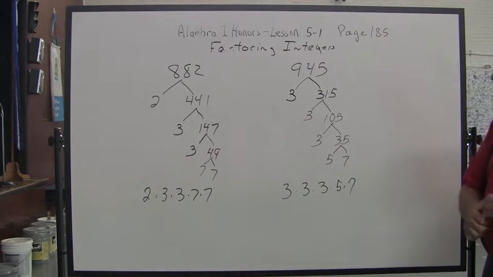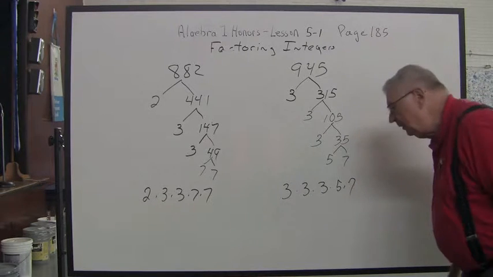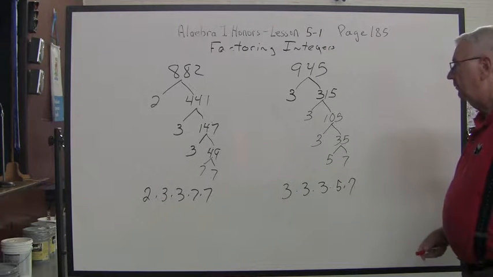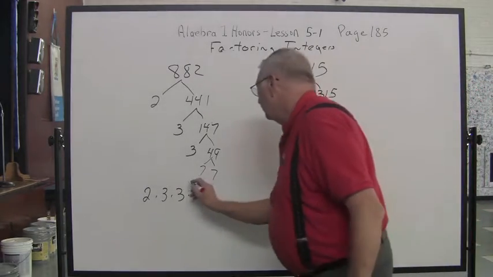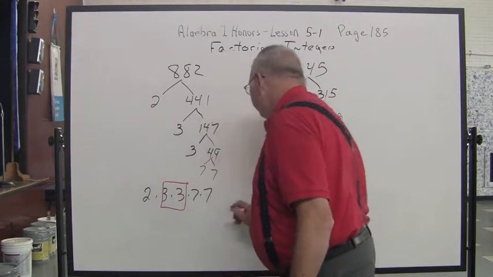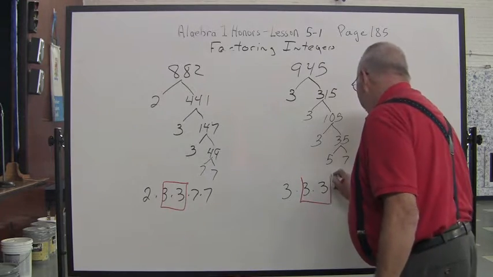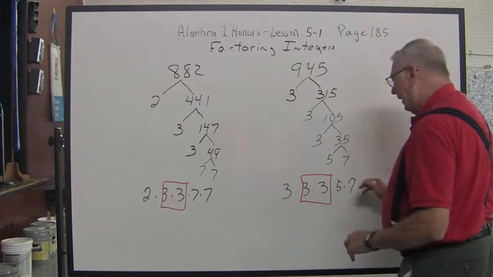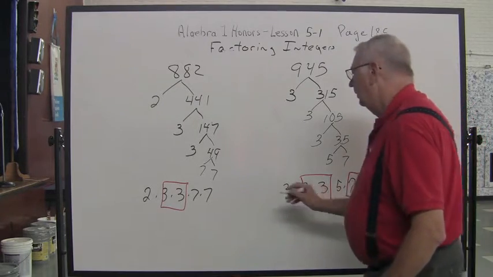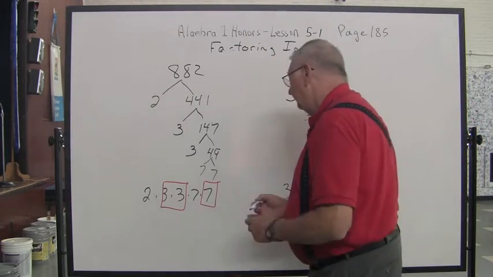So I'm looking for the greatest common factor, so it has to be common factors to both. I see 2 3s here and 2 3s here. I don't have a 5 or a 2. I have 1 7 and 1 7.